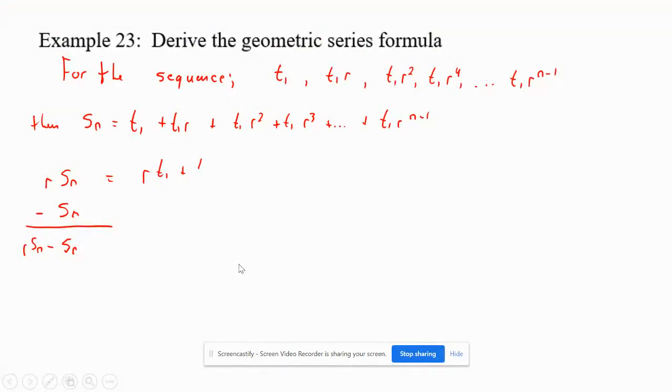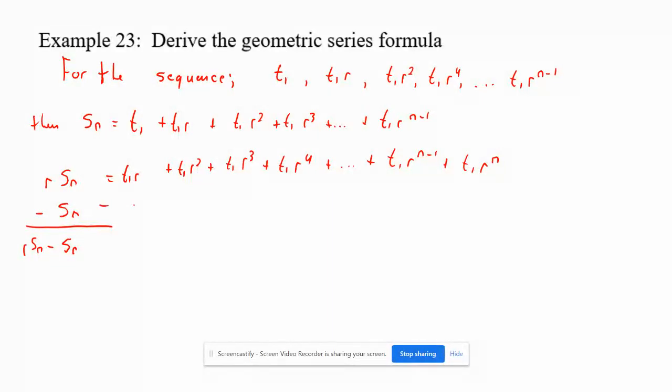Sorry guys, I'm just going to rewrite this. It's a little bit better over here. So this is going to be like T1 times R. This guy times R squared times R is T1R squared. So this one and then this one over here times R will be T1R to the n.